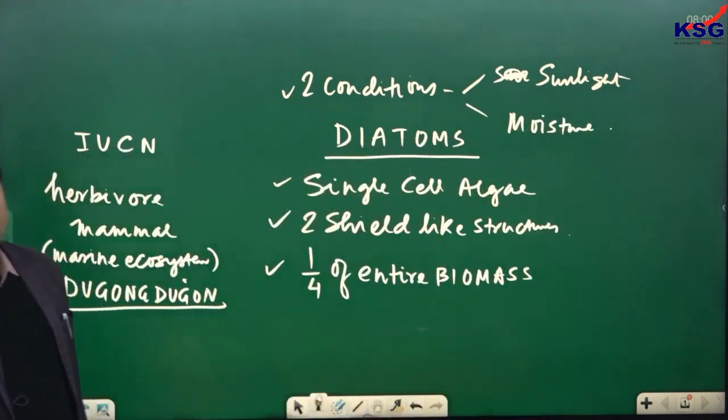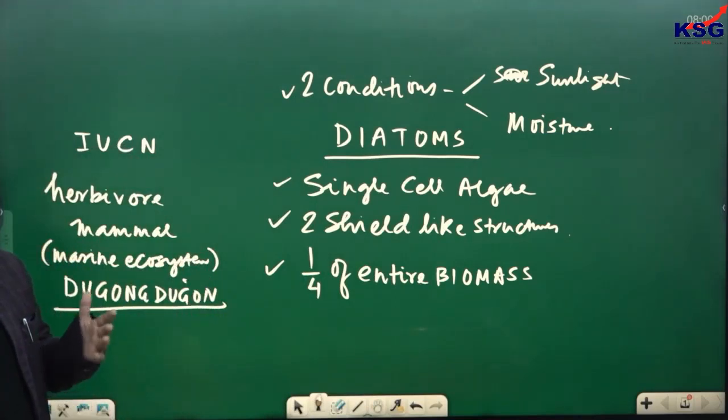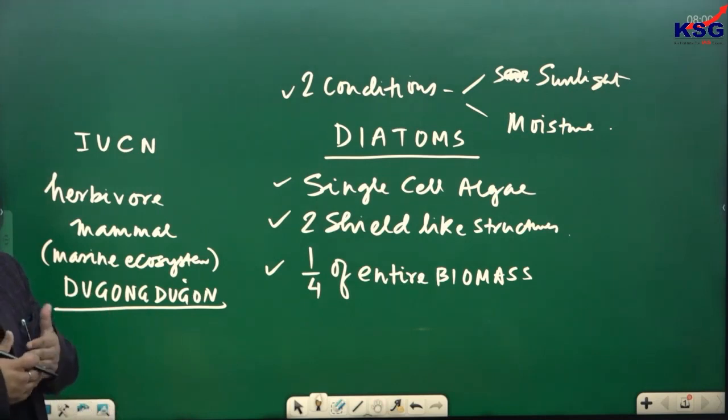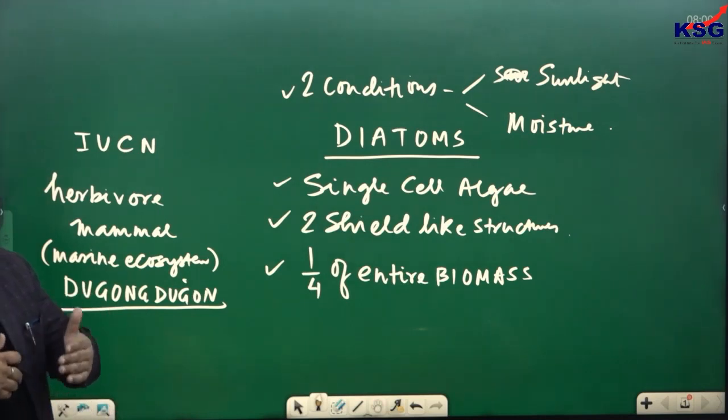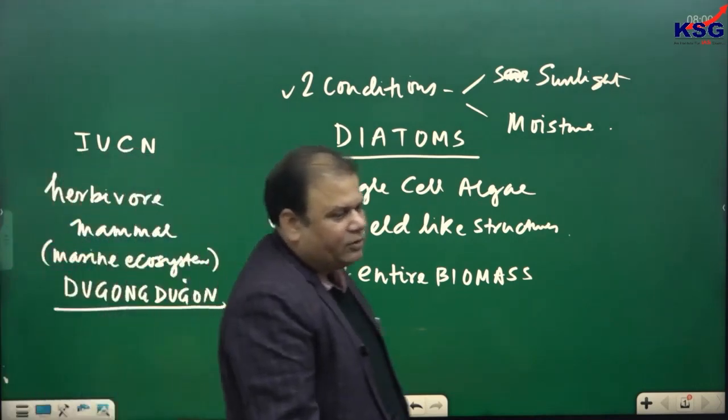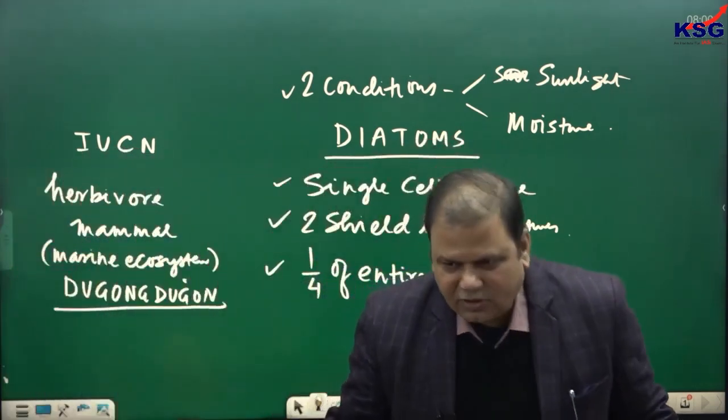Clear? And also we can see that not only this, there are 1 lakh shapes of diatom also. So in nanotechnology, it is used for making the nanomaterials of desired shapes. There are 1 lakh shapes of diatom only.